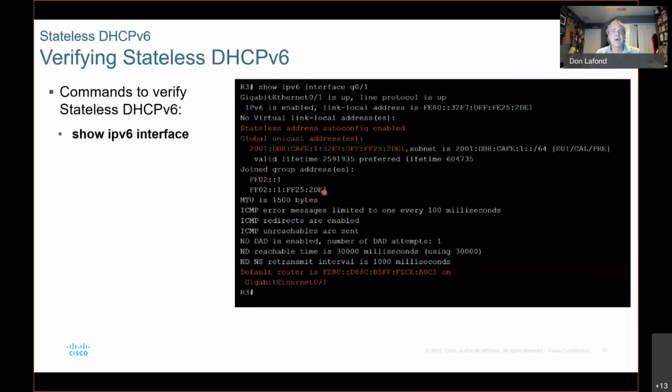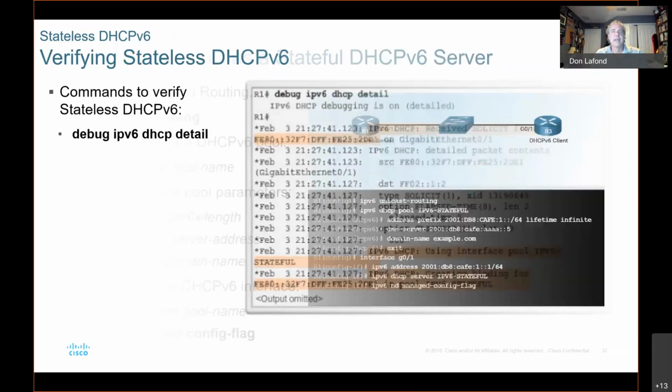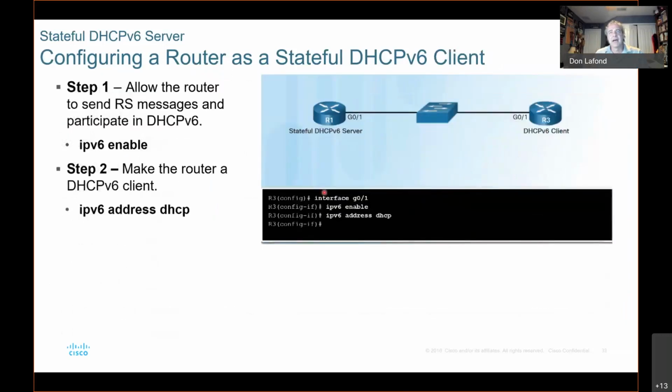But if you are just accepting your address from the server, then this is IPv6 address DHCP, saying, just give me an address and I'm not going to do anything. I'm going to wait for you to give me one. All right, so that makes sense. Apologize for that little confusion there.